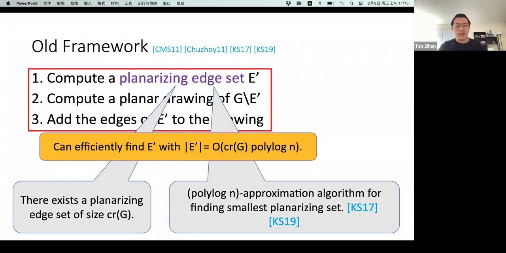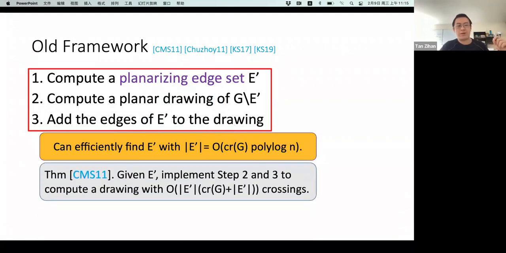In the previous paper by Chuzhoy, Makarychev, and Sidiropoulos, they showed that given a planarizing edge set, we can implement the second and third steps to compute a drawing with the number of crossings being at most E' times CR(G) plus E'.